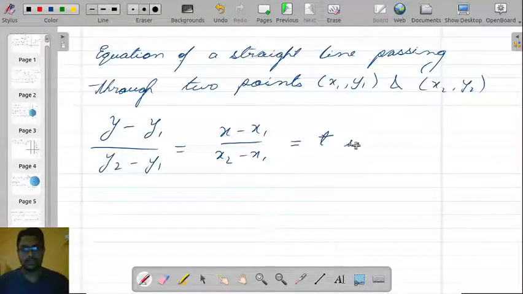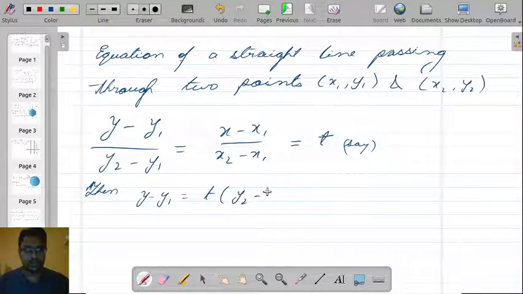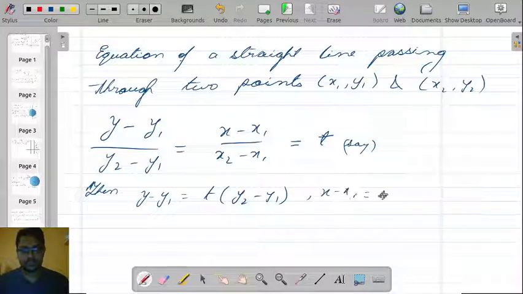Equal to t, say, then y minus y1 will be equal to t into (y2 minus y1), right? And x minus x1 will be equal to t into (x2 minus x1).